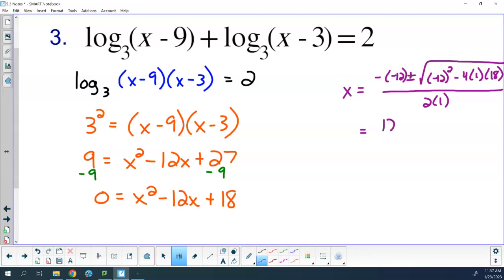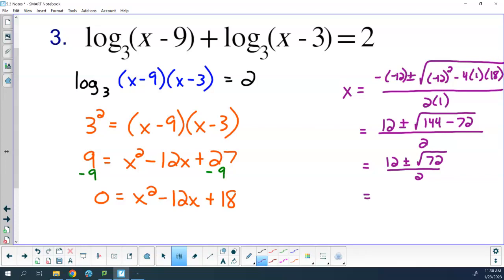So that's going to be positive 12 plus or minus the square root of 144 minus 72, which is 72. 72 is the square root of 36 times the square root of 2.